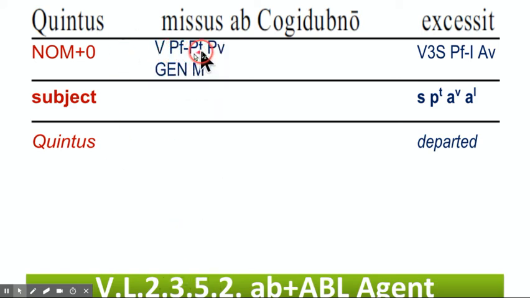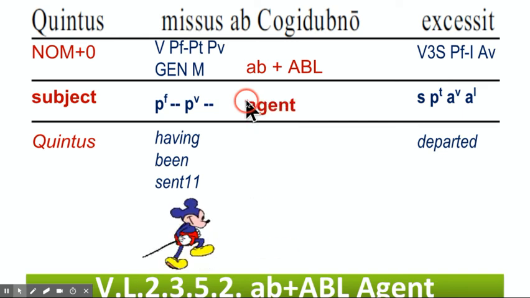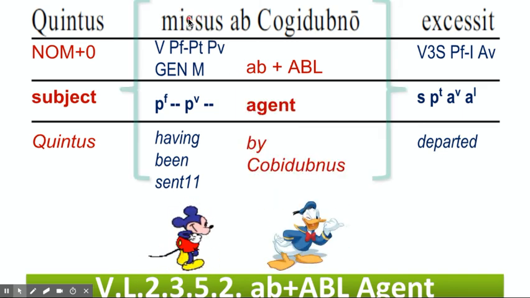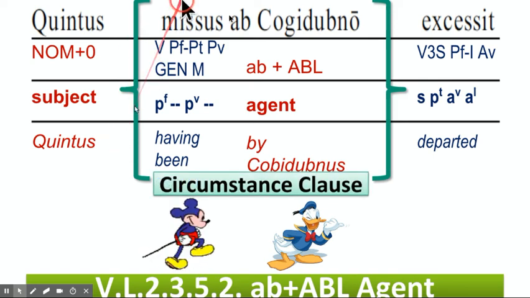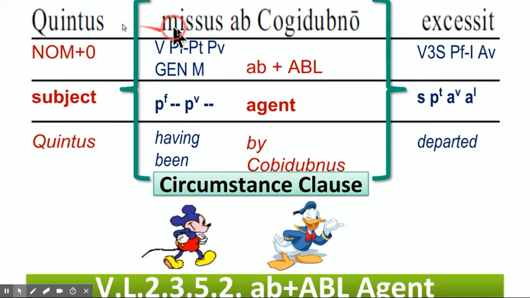A perfect participle passive should be nominative singular, signifying perfective passive, having been sent. And then ab plus the ablative, generally speaking, is a separation phrase from, but with a passive verb, it creates an agent phrase. So there's your circumstance clause, outside, dependent on the main clause. Quintus, having been sent by Cogidubnus.